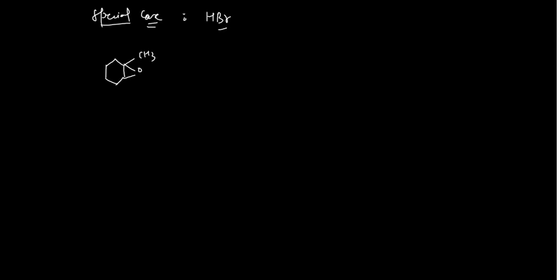So HBr means you are having acid, H positive and Br negative. So delta positive and delta negative. So this hydrogen is actually positively charged. So the lone pair present on the oxygen will grab this proton and it will give you the intermediate, and that intermediate actually would be like that.